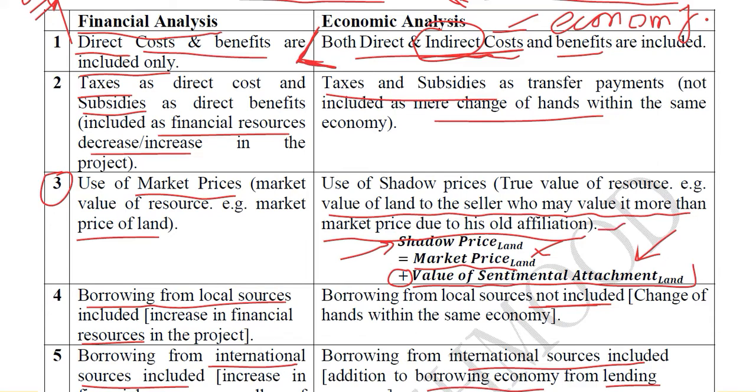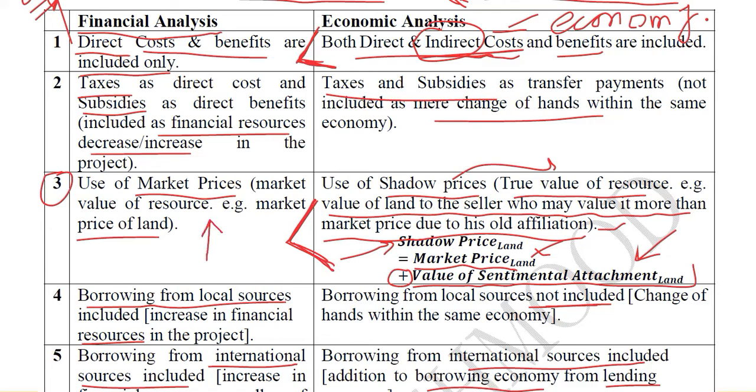And this shadow price tries to assess the true value of the resource to the person who is actually owning that resource. So again, the same thing is verified that the economic analysis is more comprehensive as compared to the financial analysis.